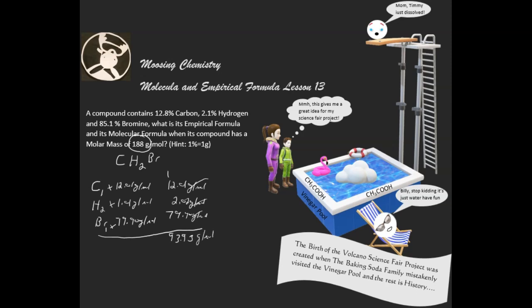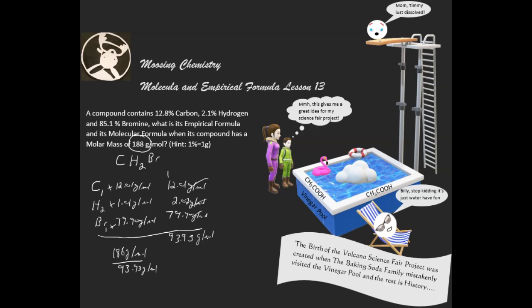So now what we're going to do is divide 188 grams per mole by 93.93 grams per mole.